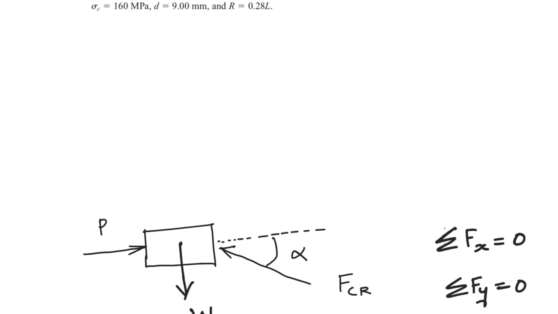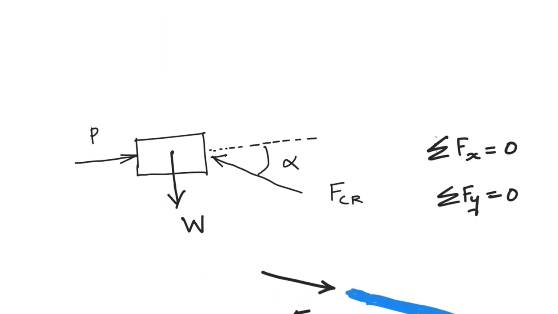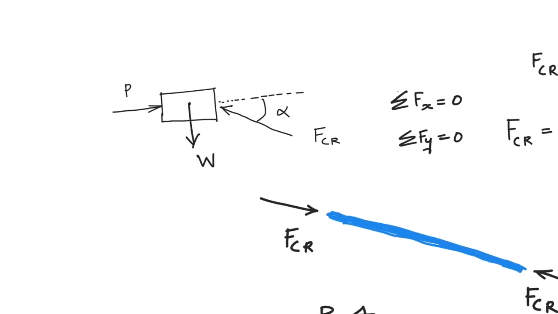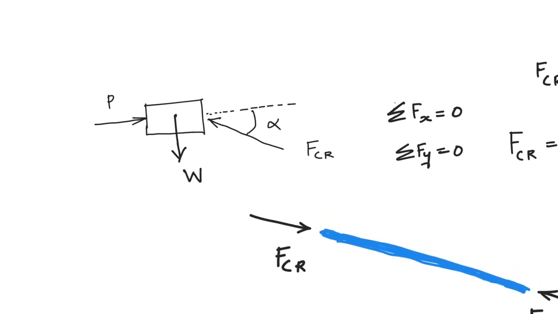As I say all the time, there is only one single tool that comes to our rescue when we solve problems of this kind, that is the free body diagram. So I'm starting the discussion by drawing the free body diagram of the piston. Here you have the piston and I have shown the different forces.